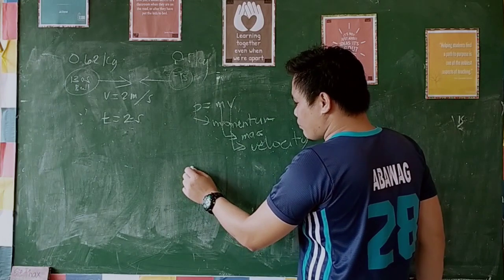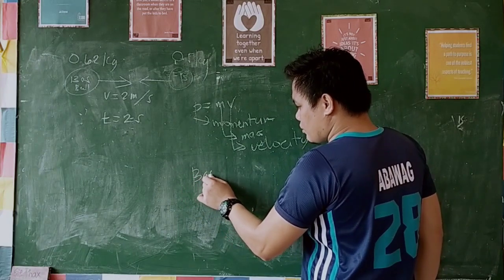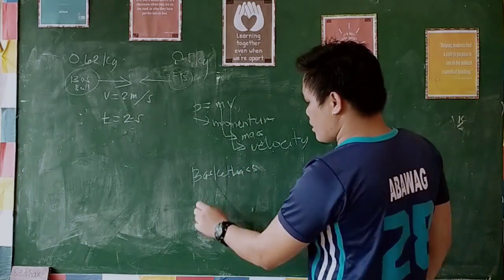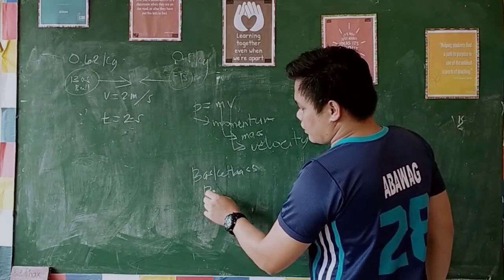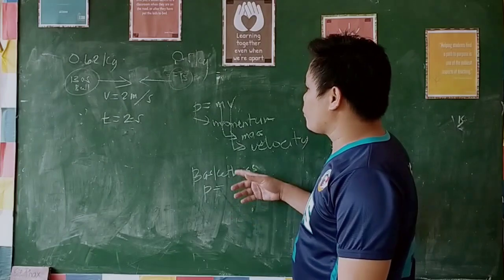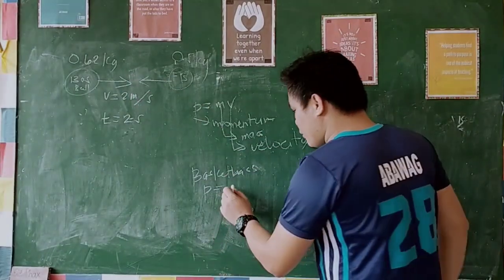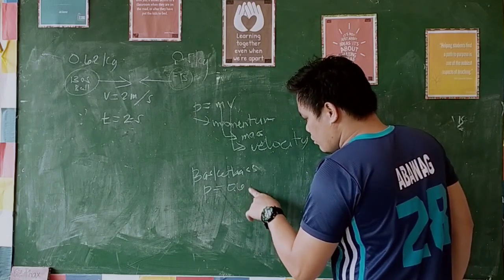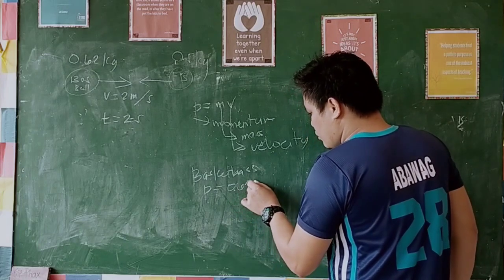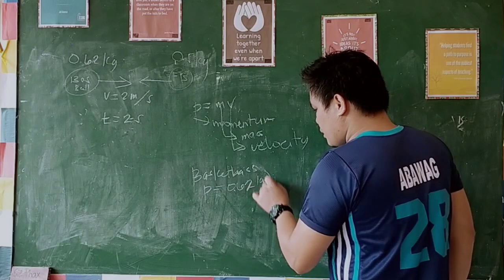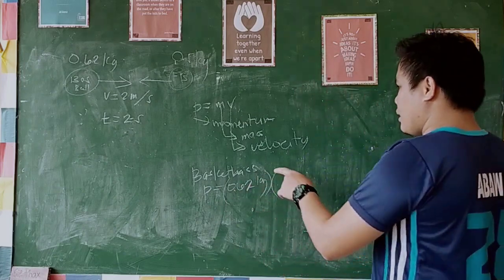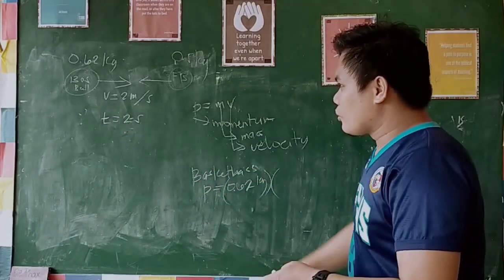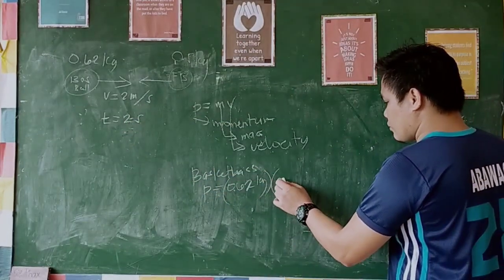For basketball, our P is equal to the mass of the basketball, 0.62 kilograms, times, we assume that the velocity of the collision is 2 meters per second.